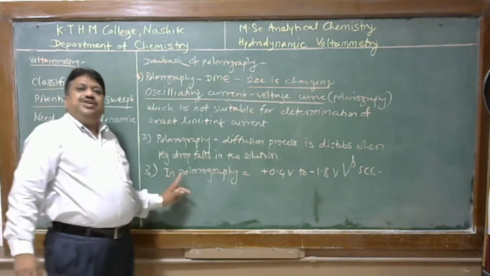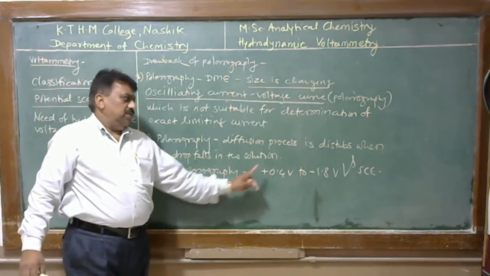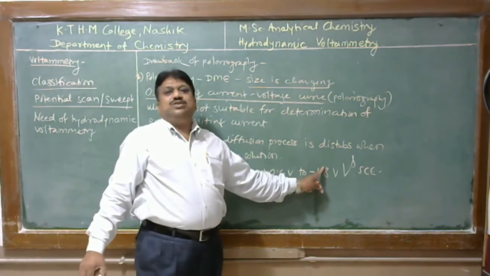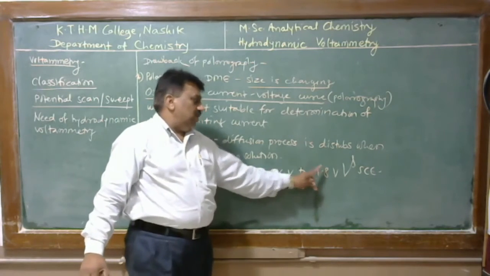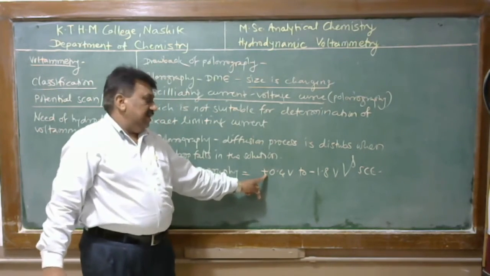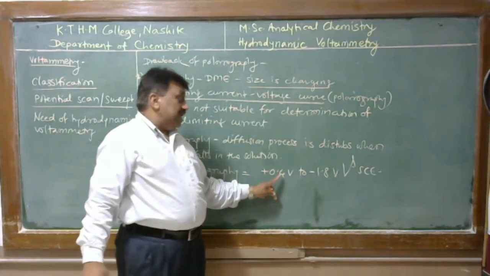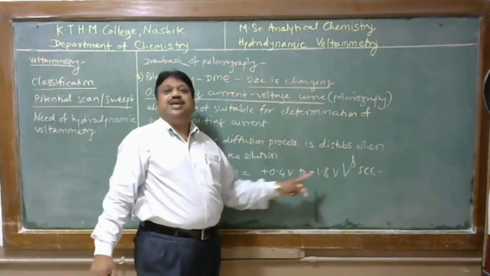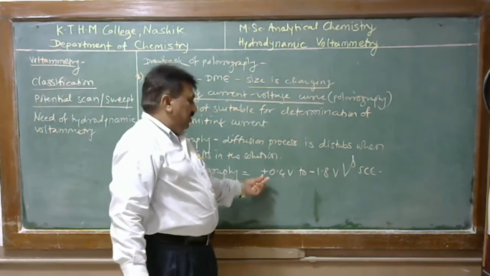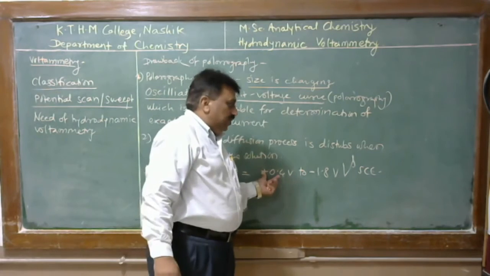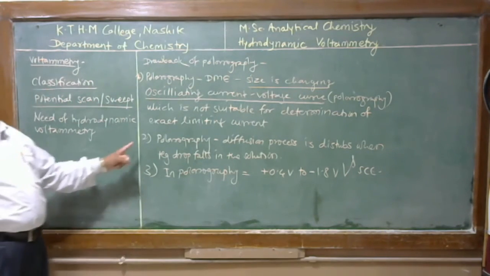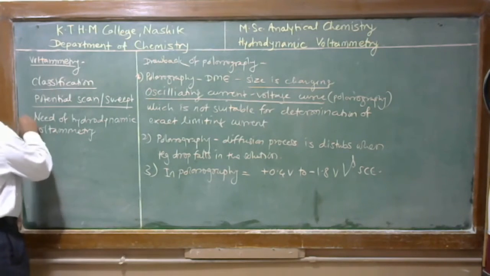This limited potential range to which we can use a dropping mercury electrode as a working electrode limits us in determining the analyte. That means only those analytes which are electroactive within this potential range are determined by polarography. Due to these different drawbacks, there is a need for hydrodynamic voltammetry.